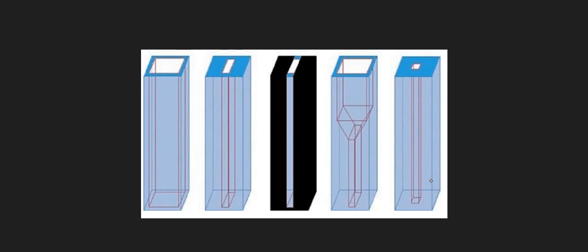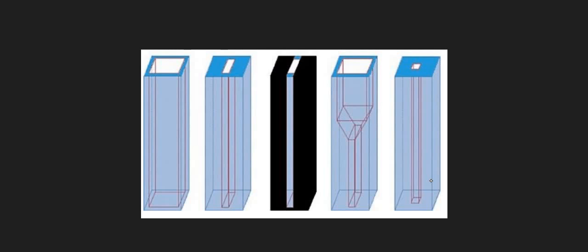Again, it is 2 by 10 millimeter in size where the sample will be kept, and this one has an optical path of 10 millimeter and a width of 2 millimeters, and this one is a 2 by 2 millimeter sample cuvette.